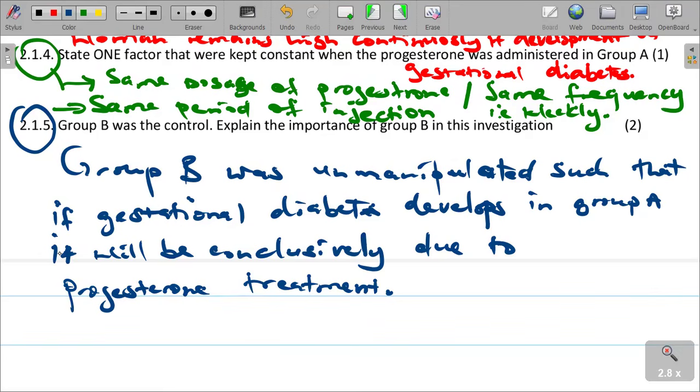We evaluate by comparing the manipulated and unmanipulated sets of the experiment. That is the purpose of the control within an investigation. It is used to make comparative analysis of the results so that we can evaluate the exact cause of the factors under investigation.